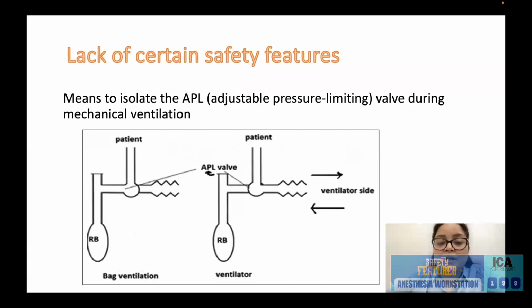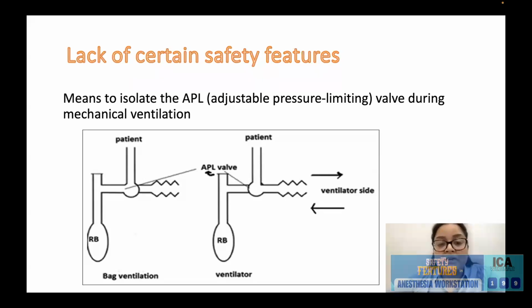what is the function of the APL valve? The APL valve is designed for use with manual ventilation. It allows excess gas to escape when a certain set pressure is exceeded, and this helps in minimizing the risk of barotrauma to the patient. If the APL valve is accidentally left open, then what will happen?